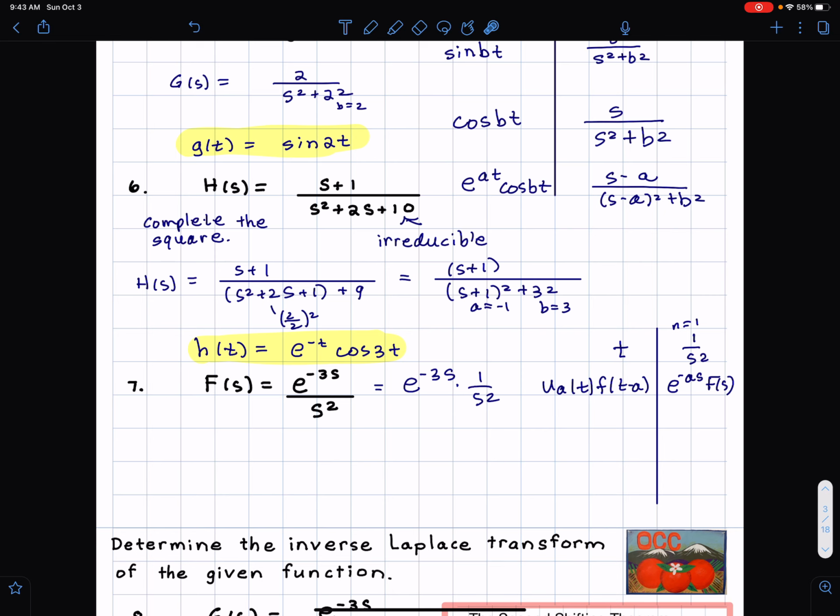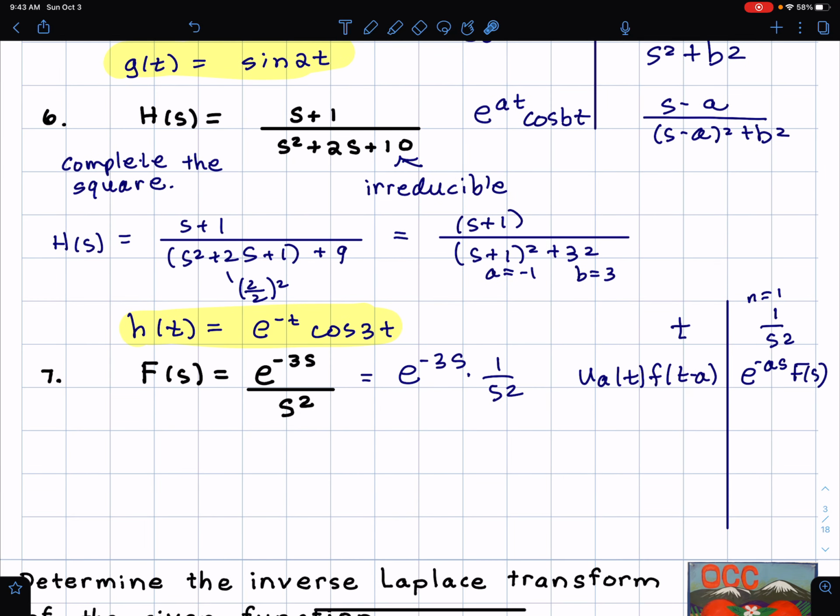It's not super happy about squishing this in here, but okay. So in our situation, if I have e to the negative as times 1 over s squared, that's going to correspond to u_a times f of t minus a. 1 over s squared corresponds to t, so that's going to be t minus a.